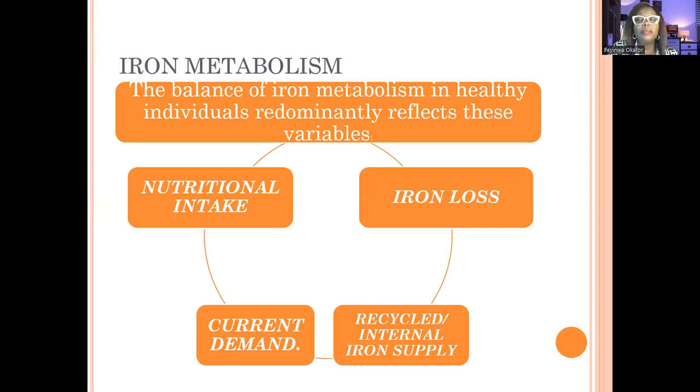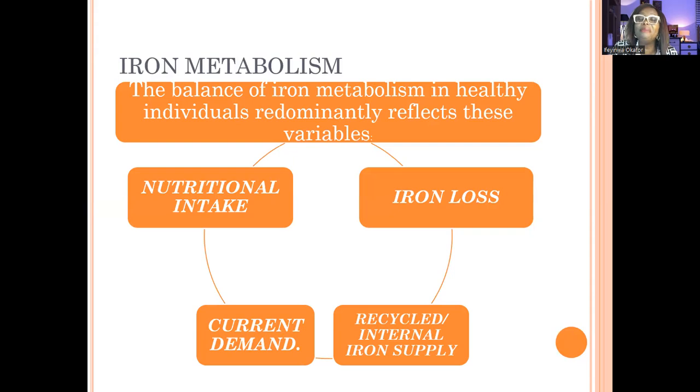Iron homeostasis in healthy individuals is actually balanced by these four processes that I have on the slide here. The nutritional intake of iron, that is the amount of iron we take in our diet, versus the amount of iron that we lose in form of blood loss, shedding of dead cells, or sweating and all that.